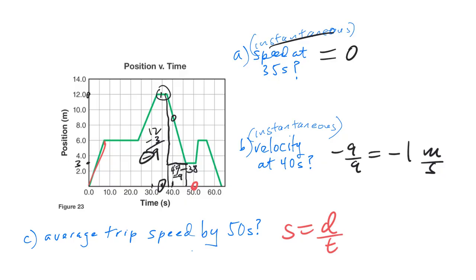So I went 6 plus 0 plus 6, and then 0 plus 12 to 3 is 9, plus 0.